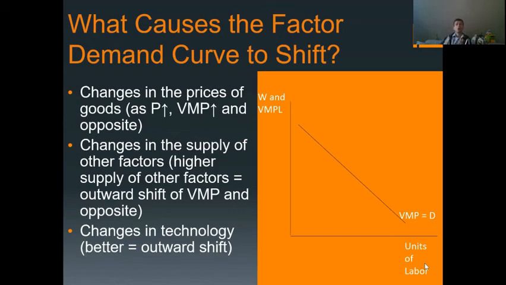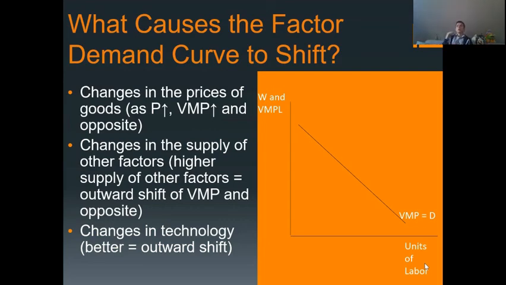Now, how do you cause this demand curve to shift? How do you cause the MRP or the VMP to shift? It's very basic. Two things make up the MRP or VMP: the price of the good and the marginal product. If either of those increase or decrease, then you have a shift of the curve.